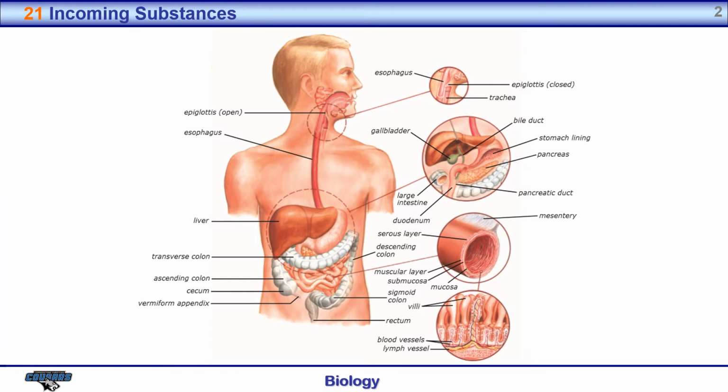And then you have the tube that will carry the food all the way through your digestive system. You have the esophagus that leads to the stomach, which leads to the small intestine, which eventually empties into the large intestine. And along the way we have lots of other little structures that will be part of the digestive system, each playing its important role.